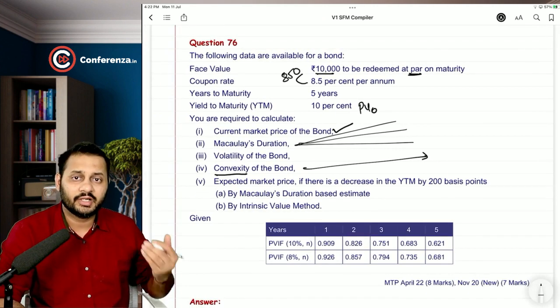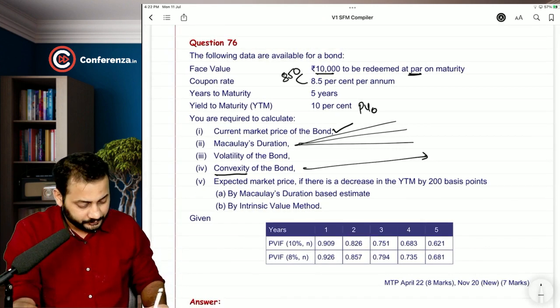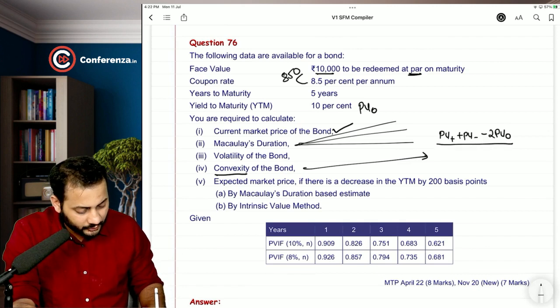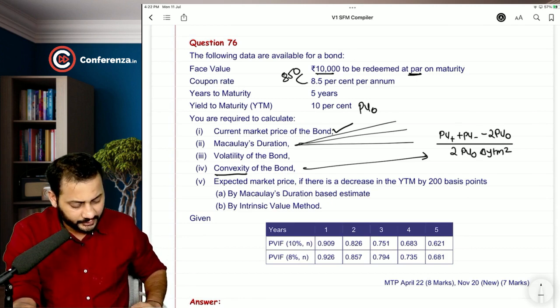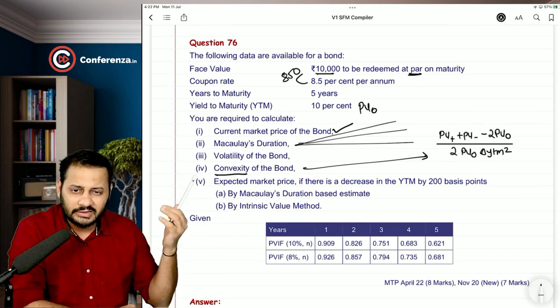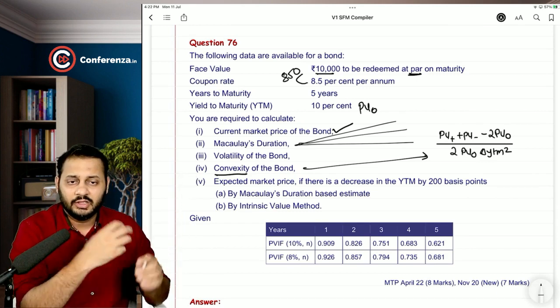As many times as you write it, it will be better for you. So it is nothing but PV plus PV minus 2 into PV0 divided by 2 into PV0 into change in yield YTM square.